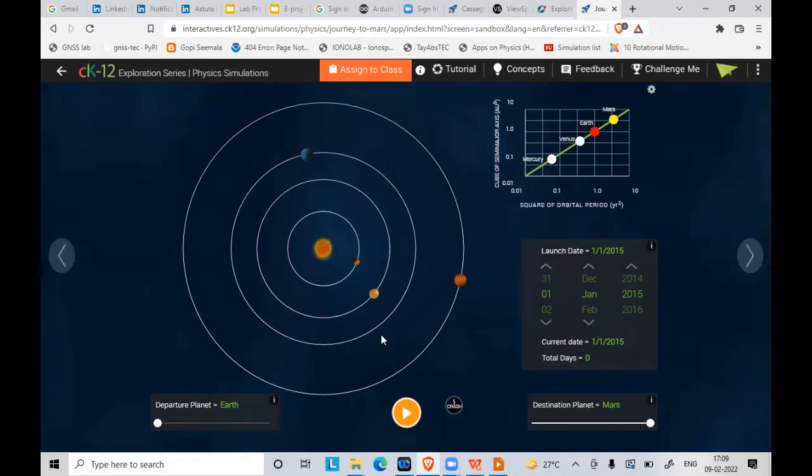And there is a launch date. You can choose any launch date which is available in the simulation. Let's just take any random date and see what happens.